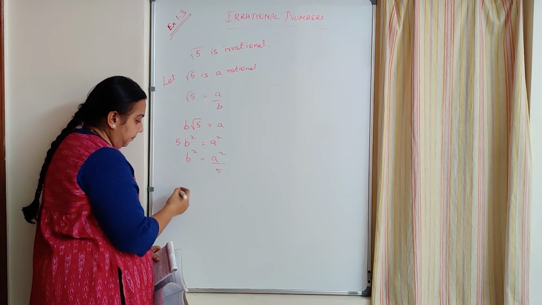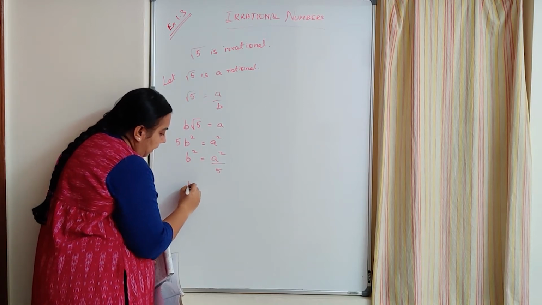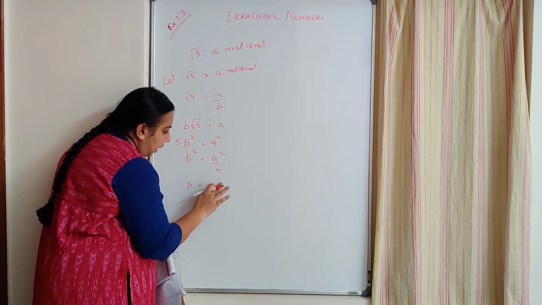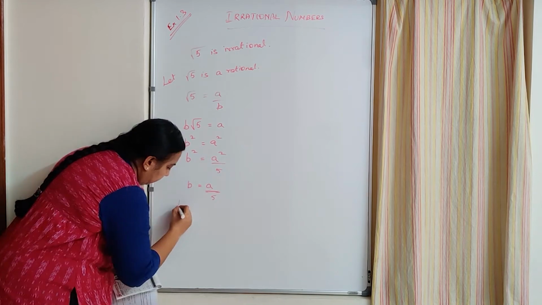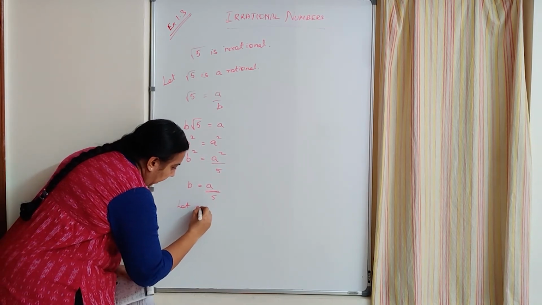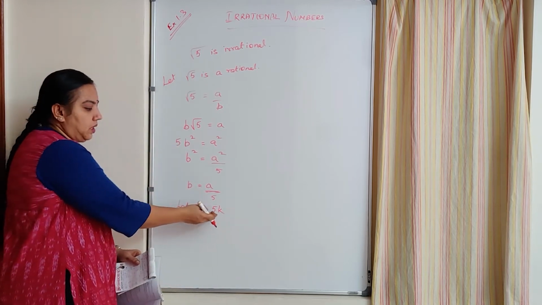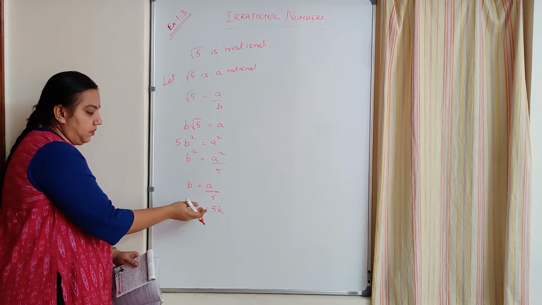So because of that theorem, I can write b is equal to a by 5. Now let us consider that a is equal to 5k. We are introducing a new integer k, we don't know what is the end result of it.